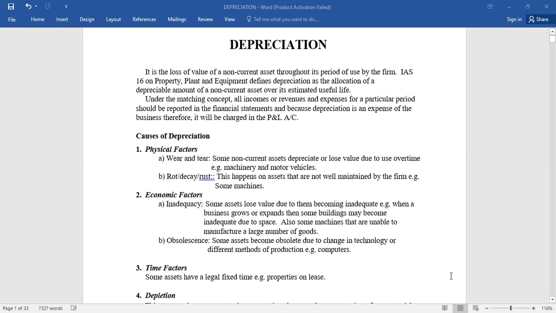Then the second one is economic factors, and this will be loss that occurs when a business grows or expands, and can no longer fit in the space it was in, and may require a bigger space. Then due to technology, we have some machines.